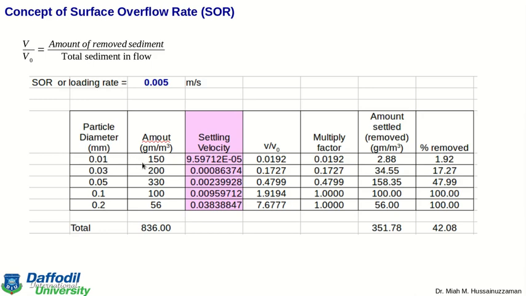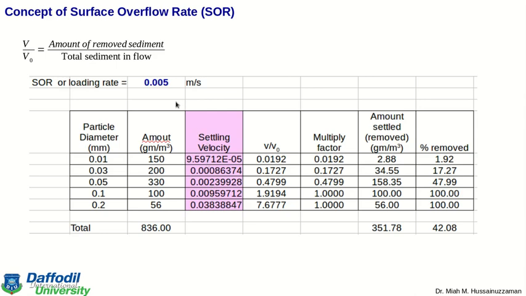We know we mixed 150 grams of this particle, 200 of this particle, in 1 cubic meter of water, like a sieve analysis result. The amount, spelling is wrong, there should be an N. Anyway, how do we calculate? We can easily use the Stokes formula: terminal settling velocity is equal to g times (S minus 1) divided by 18 nu, times D squared. So you can use this formula to calculate the settling velocity for each particle diameter.